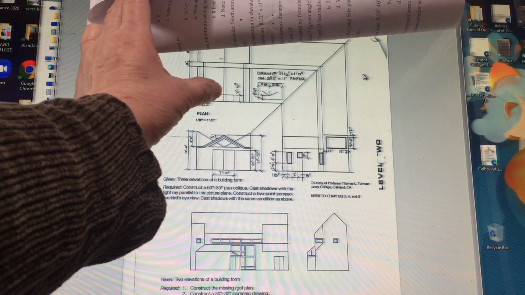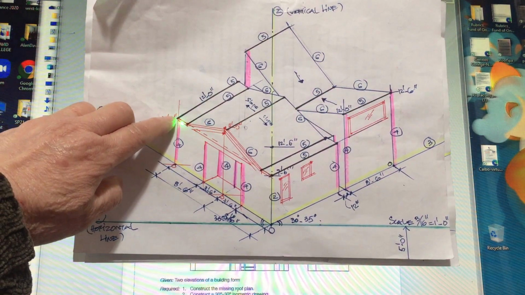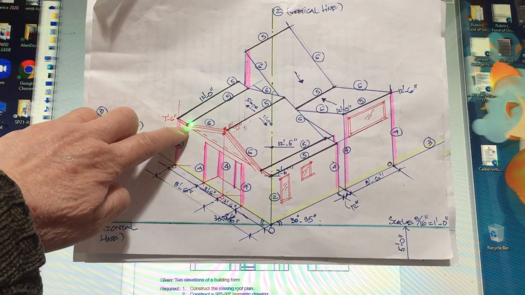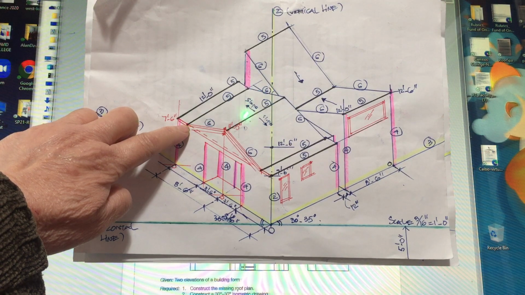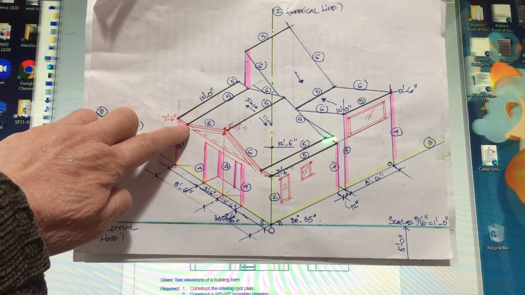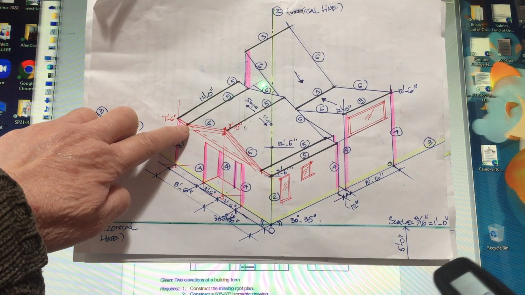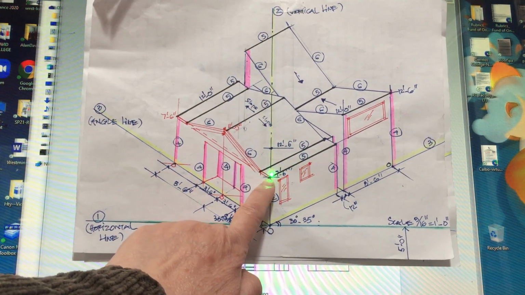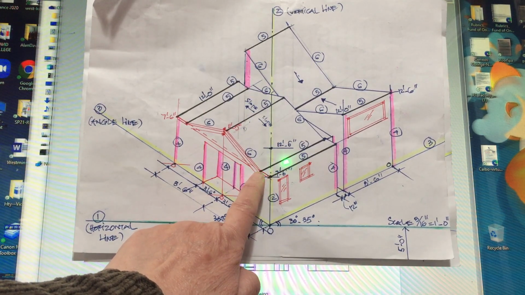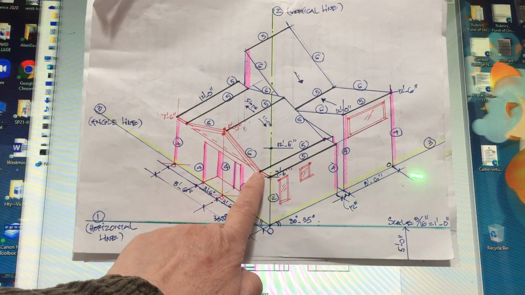And after that, they slope up. So we draw this one. You measure from here to here, 2 feet. And you stop. After that, you draw the line parallel with the angle line in here. You do the same thing with this one. You measure 2 feet and point right there. And after that, draw the line parallel with this one.